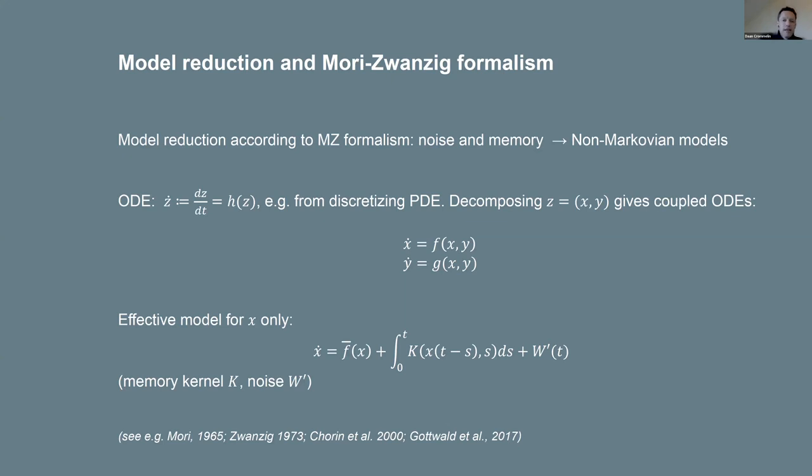What it includes is not only a typically modified deterministic part, but also a memory kernel. There's a memory term and what is typically interpreted as a noise term. So this follows from the Mori-Zwanzig formalism, and I want to emphasize that not only does it bring about noise, so it's a stochastic effective model generically, but it's also non-Markovian, due to this memory term here.